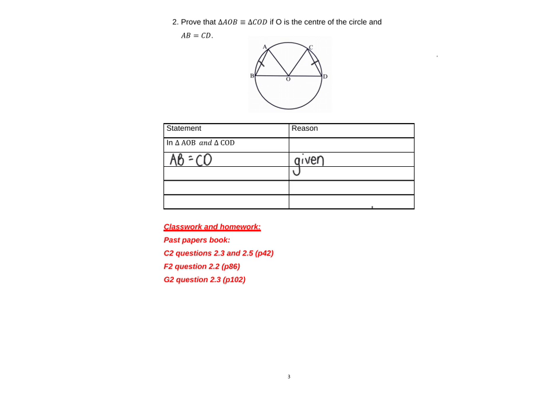And then the OB length is equal to OD, and this information comes from knowledge that they are the radii of the circle. Okay, and so is it for OA and OC as well. They are the radii from the same circle.